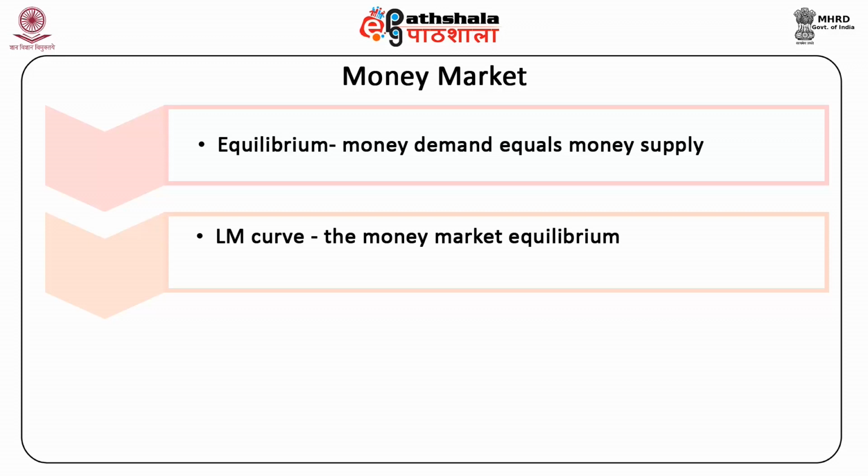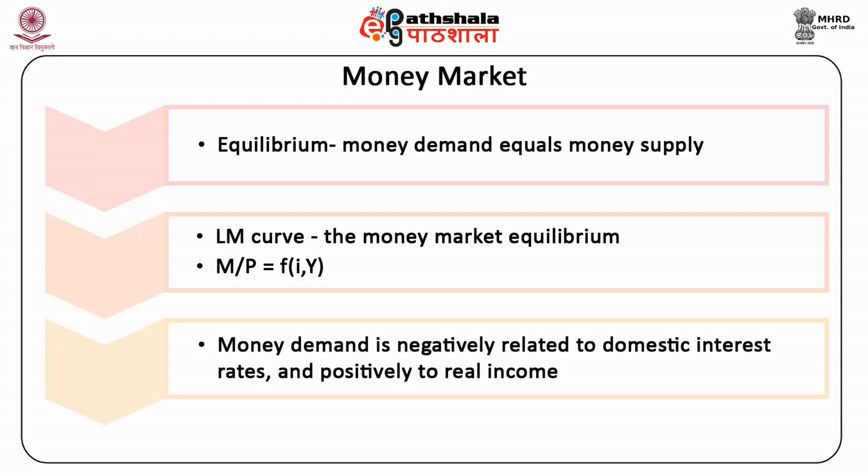Real money supply is equal to real money demand: M/P = f(i, Y), where M is nominal money supply, P is the domestic price level, and Y is real domestic output or income. Money demand is negatively related to domestic interest rates and positively related to real income.